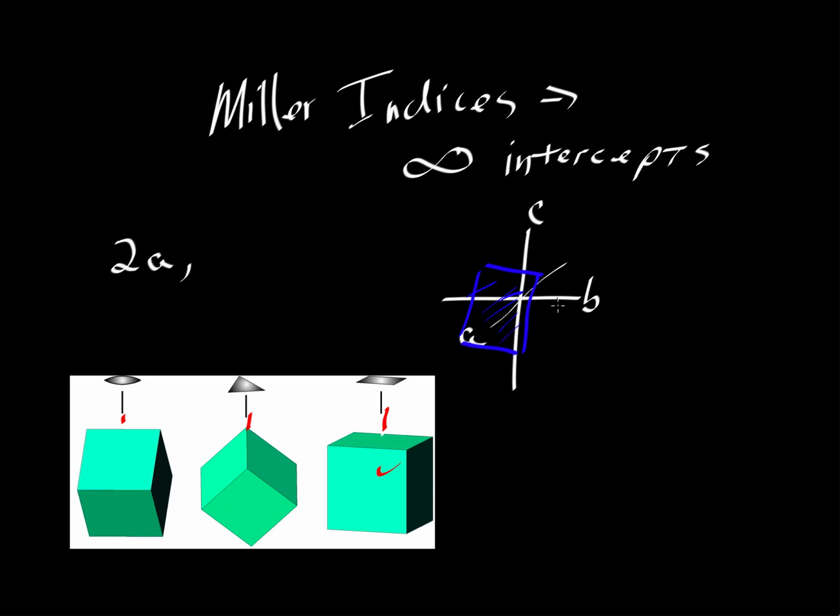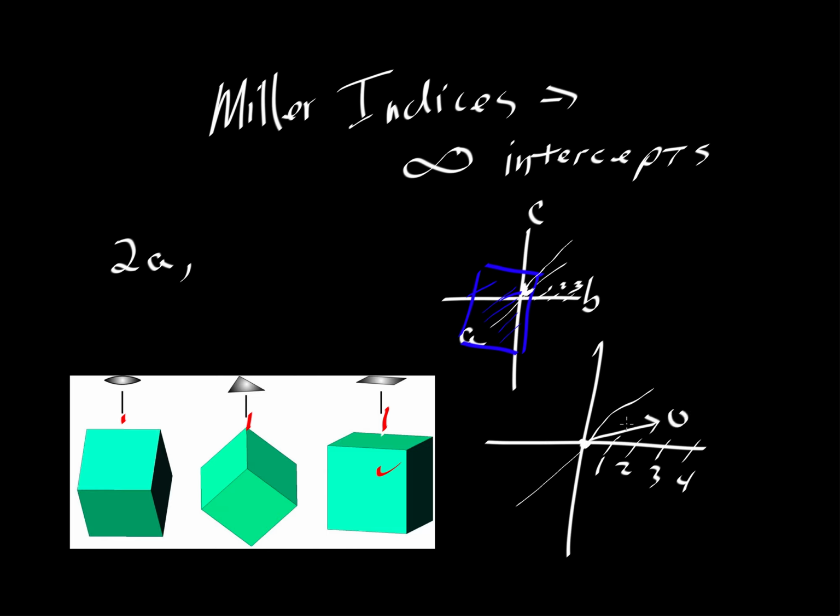Well, if it never hits B, we really can't put 0. 0 would be something that would intersect at the center, based on the way we're drawing these line segments where we have numbers of 1, 2, 3, etc. Let me draw that a little bit larger. So if we have a set of axes here, and we're calling this 1, 2, 3, 4, etc., as we have done in previous videos, then obviously that gets the value 0.